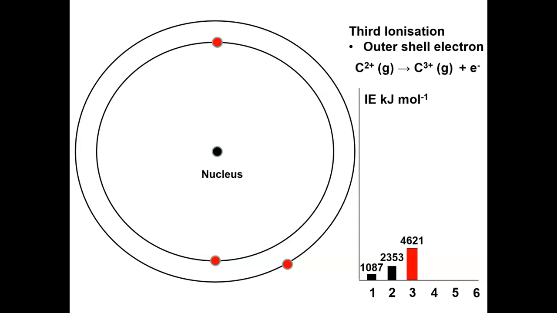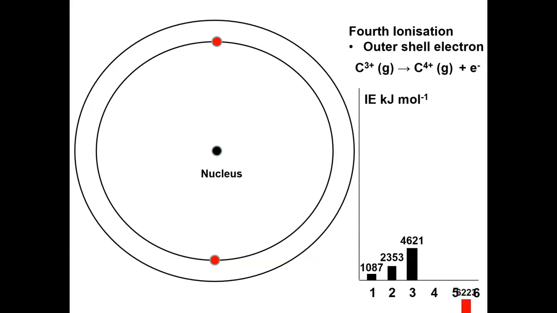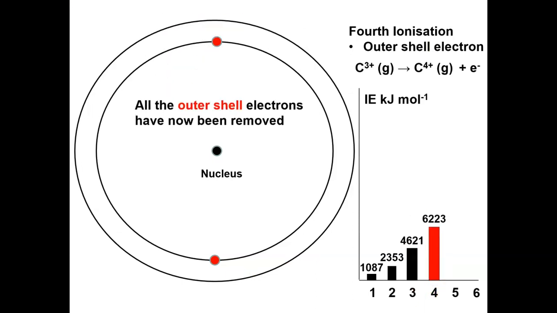Still got more to go in the outer shell, so let's do that one. The fourth ionization, C3+ to C4+, and the increase is another couple of thousand on the previous one. And so we've got rid of all 4 outer electrons, and what we're left with now is a C4+ ion, which of course is electronically the same as helium, which of course is a full 1s2 shell.